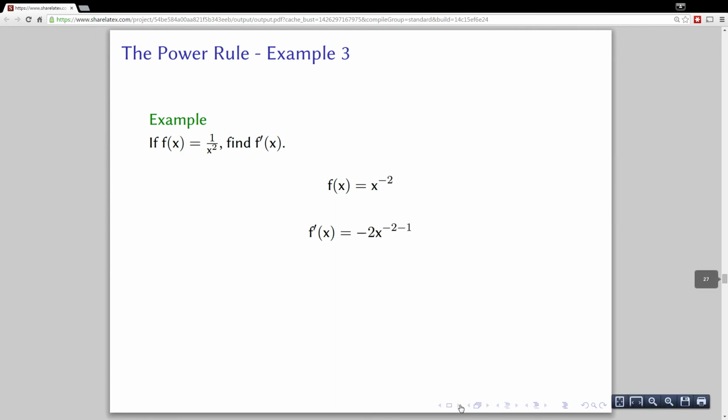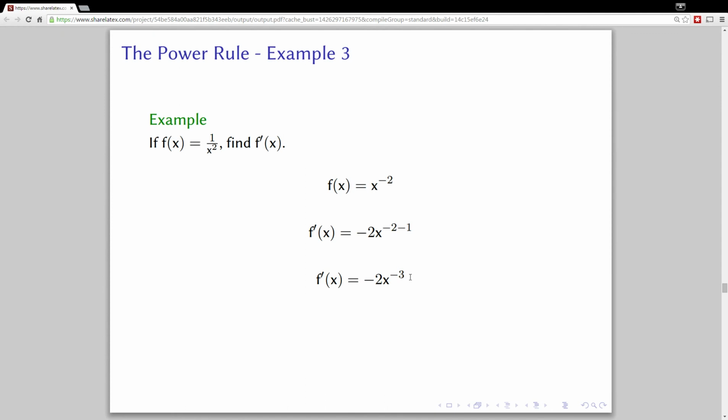Okay, so now the power rule says pull the old power down, so I'll have a -2 out in front, and then subtract 1 from the old power to get the new power. So -2 minus 1. Simplifying, I get -2x to the -3 power. That answer is okay if you don't mind having negative exponents.